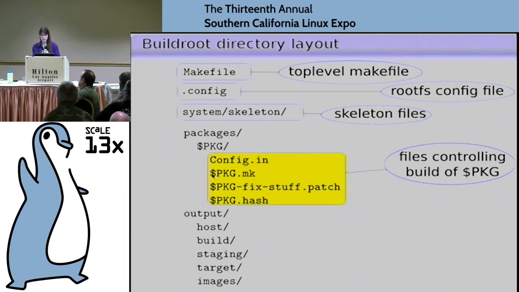Then you have a .mk file, which is just the makefile, which is going to control the build of your package. Then optionally, you could have one or more patches, because you start out with an upstream tarball that's fetched from someplace that might not even care about embedded, right?